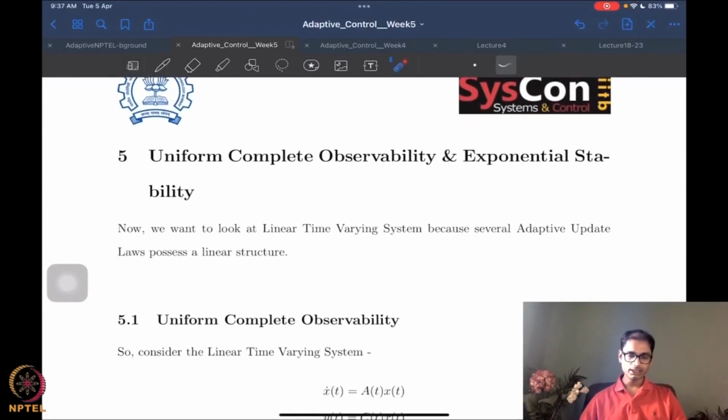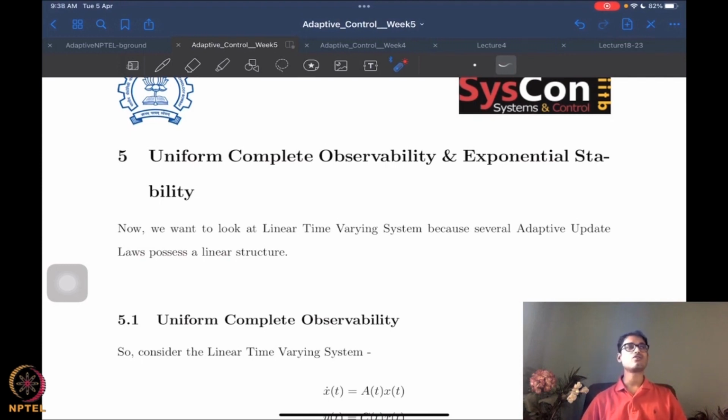Another notion that we want to use is the notion of uniform complete observability. Remember, we showed the connection between persistence and stability for the scalar case. Now we are trying to generalize it to the vector case.